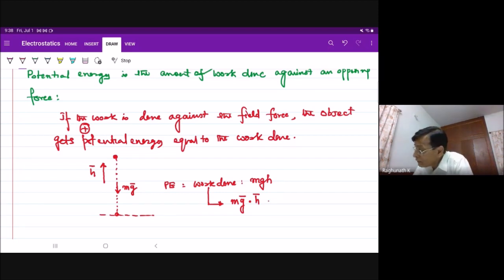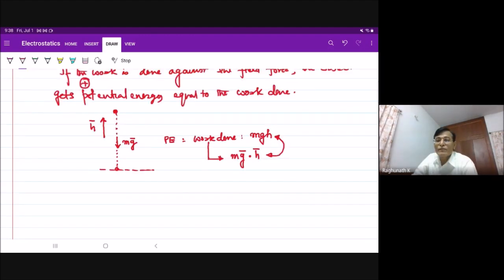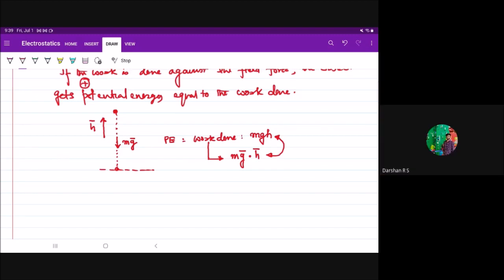What is this equal to? Is this mgh? Mg bar dot h bar, is it mgh? Where g is the acceleration due to gravity value and h is the height. If it is mg bar dot h bar, it will become minus mgh, no Darshan? Sir, cos 180.